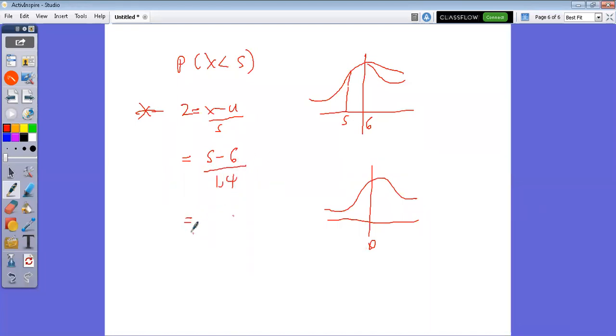What value do you get there? We know it is definitely a negative value.